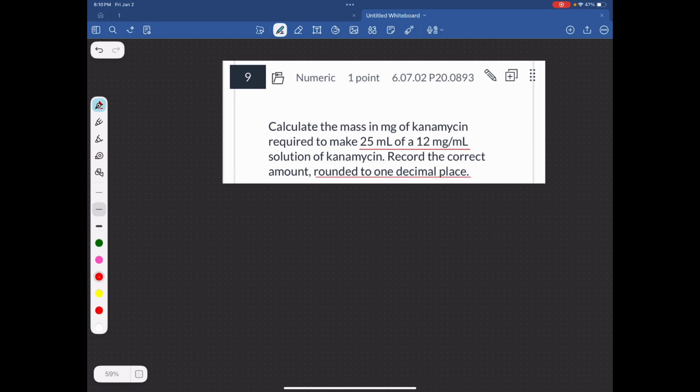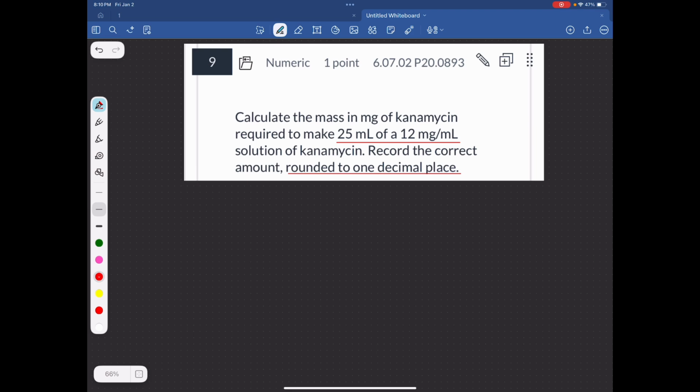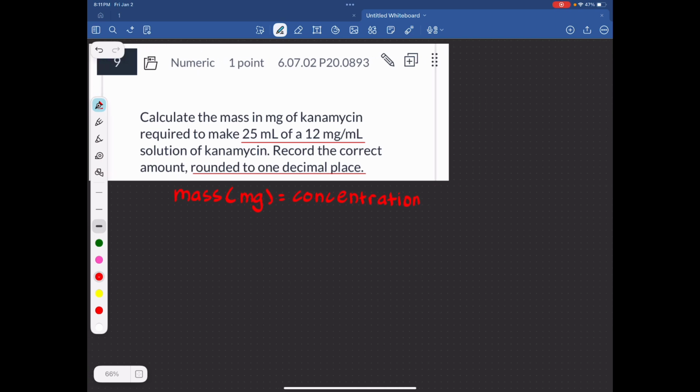So to do this, we're going to need our mass formula. So mass in milligrams is going to be equal to our concentration times volume.